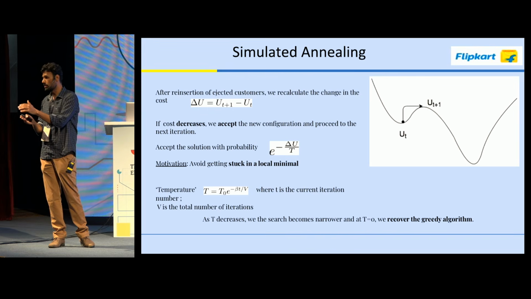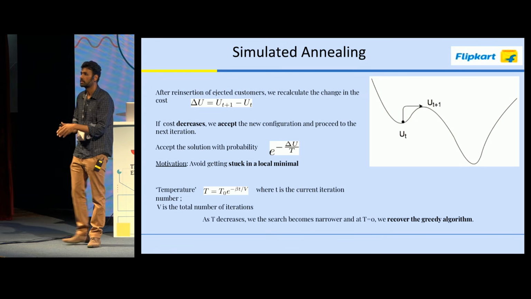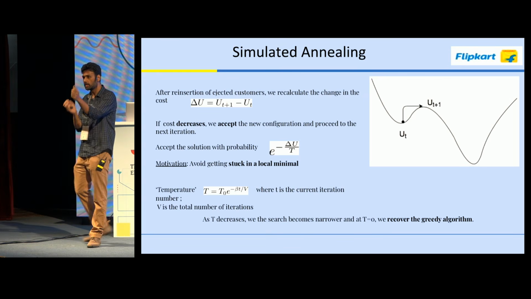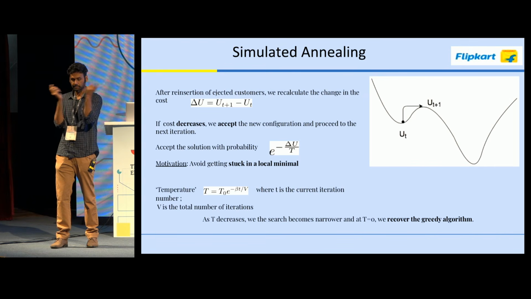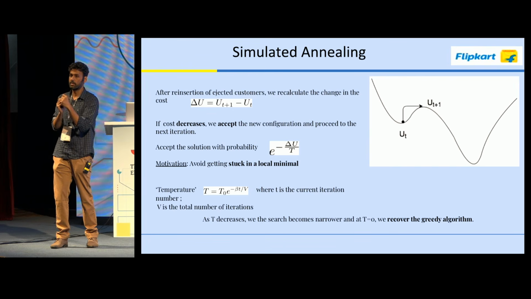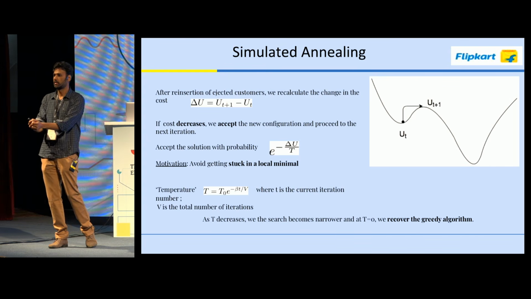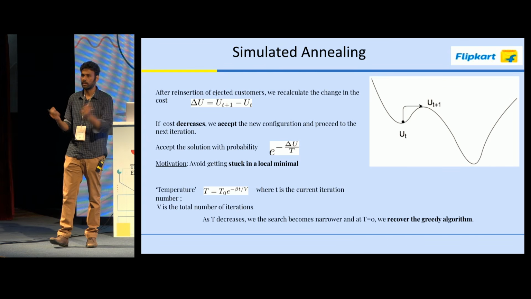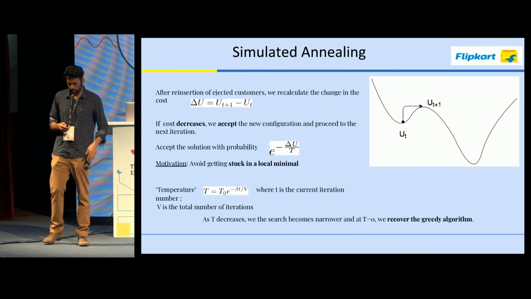Exactly at t equals 0, you recover your greedy solution. So in a certain sense, and only in a certain sense, it's not a literal thing, initially you're exploring more because you're more tolerant towards increases in cost, and then you're heading towards exploitation, right? You identify what you think is the best case, and you become more and more greedy there. That's the idea.